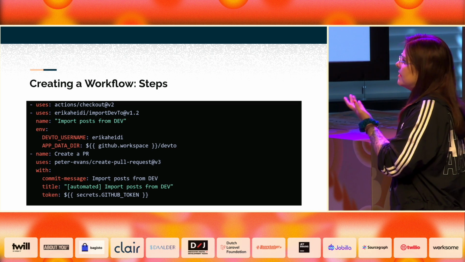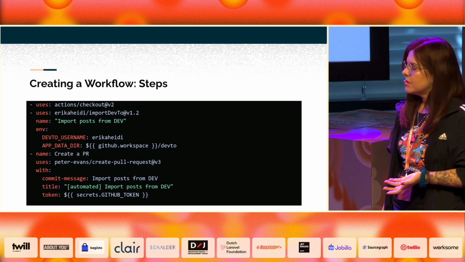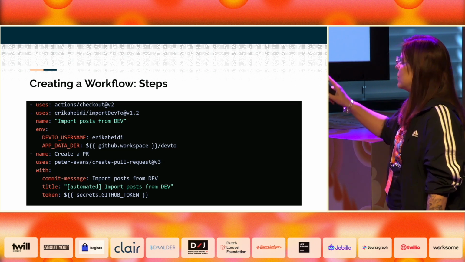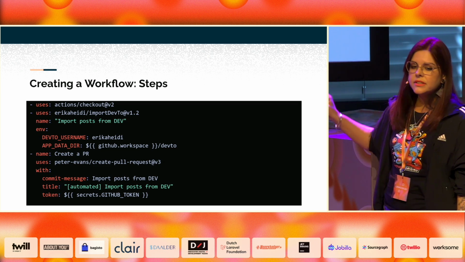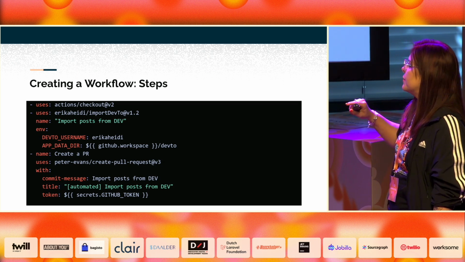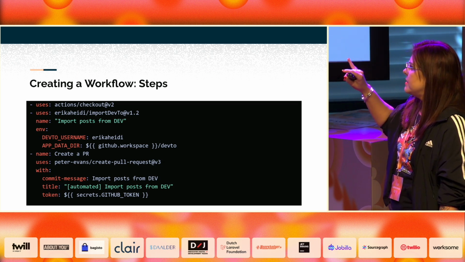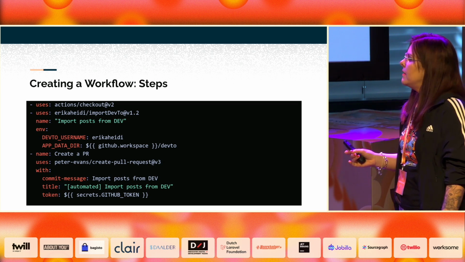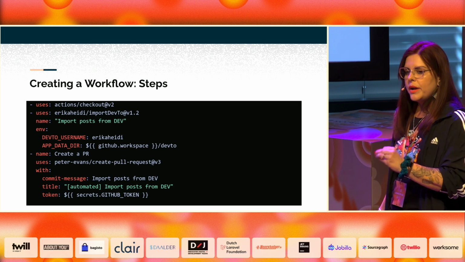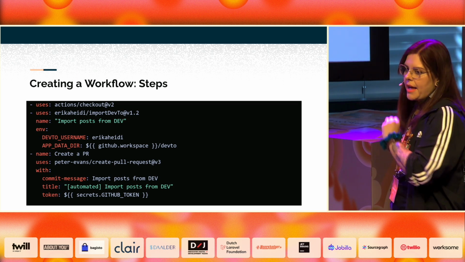Then we're going to set two environment variables: dev.to username and app data dir. The app data dir is important because it's where the Markdown files will be saved, as I mentioned before. And GitHub Workspace is an environment variable that's always available from workflows. It's where the checkout happens.